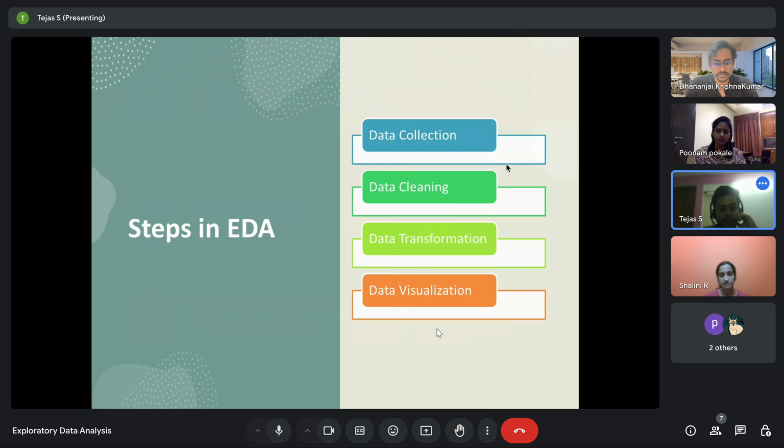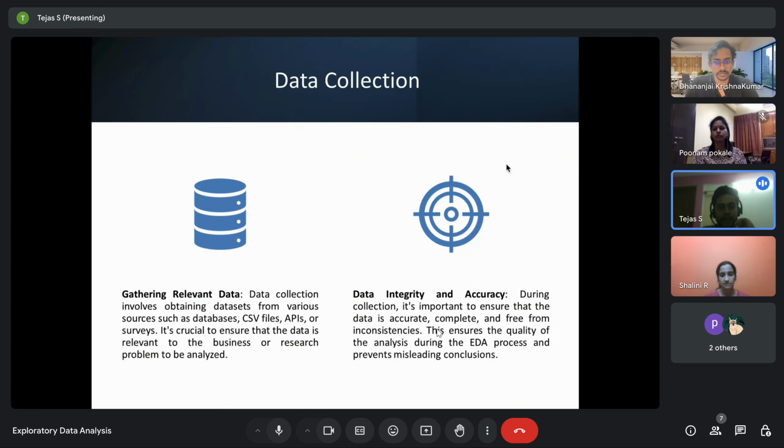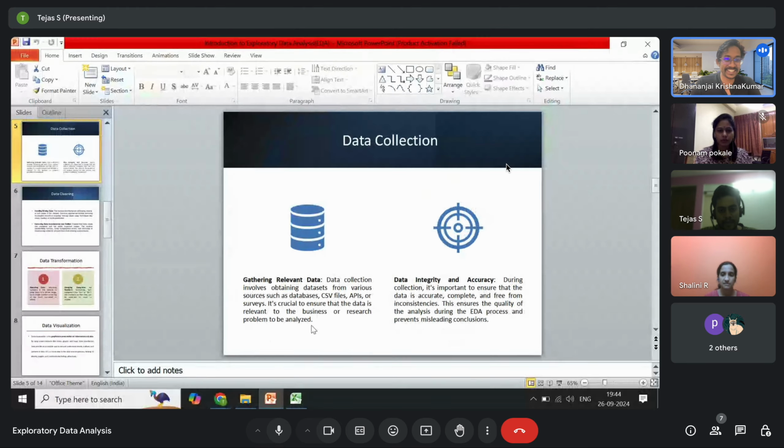These are the four main steps we use in EDA: data collection, data cleaning, transformation, and visualization. Data collection is collecting the required data for analysis.